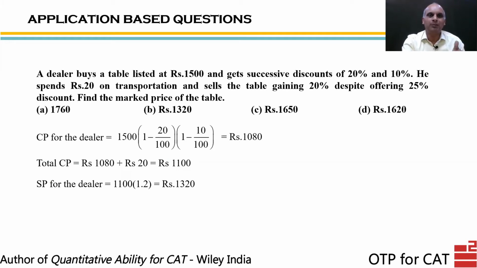And we know that SP is equal to MP into 1 minus D percent by 100. So it is given that 1320 is equal to MP into 1 minus 25 by 100. And this helps me find the marked price of the table. So it comes out to rupees 1760 after the calculations. So I hope you have understood this.